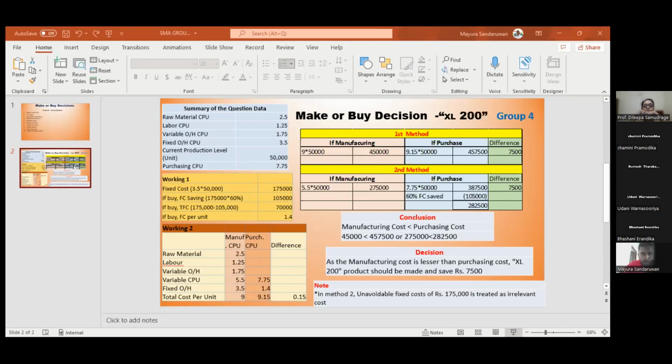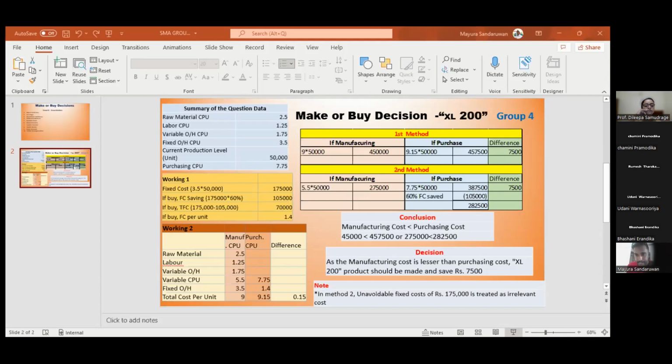In our working two, we compare how much we can save per unit if we purchase or produce in-house. For manufacturing in-house, the per unit cost is 9 rupees, but to purchase from outside we have to pay 9.15 rupees. That means there is a negative impact of 0.15 if we purchase from outside.